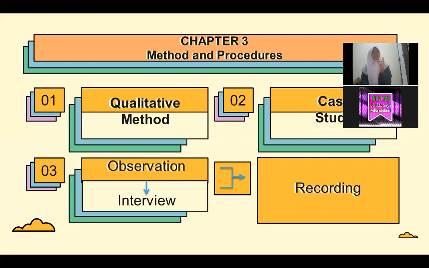In other words, I investigated the phenomenon, namely code switching of the teacher, and produced a narrative description of the teacher's behavior, namely code switching in learning.